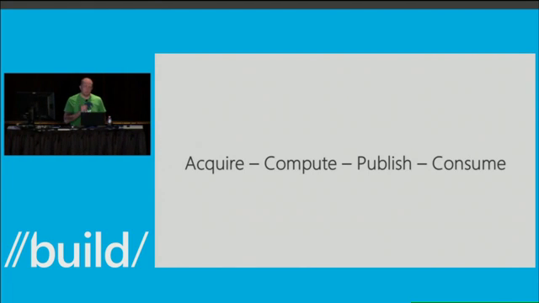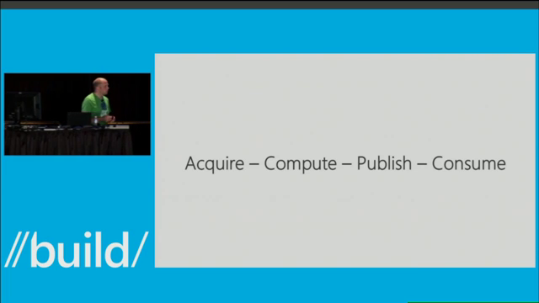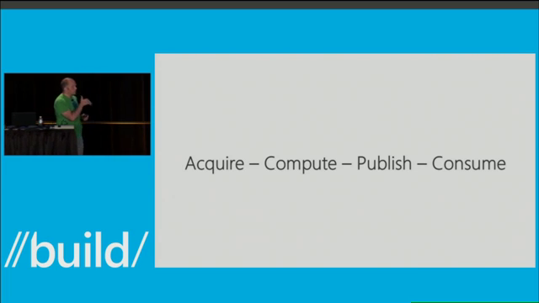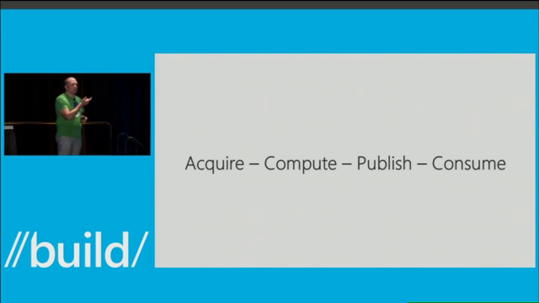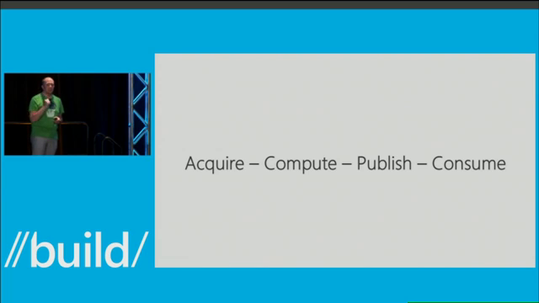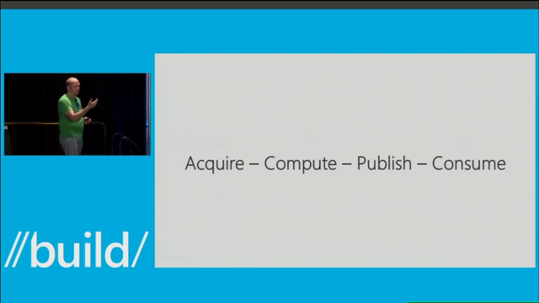The pattern that we see, so we'll switch now and talk about the patterns of big data computing, typically follows these 4 steps. The first is the acquire phase. This is about how do I land data in a place where I can eventually ask a question of it. The compute phase is where I'm asking a question or a series of questions about my data.